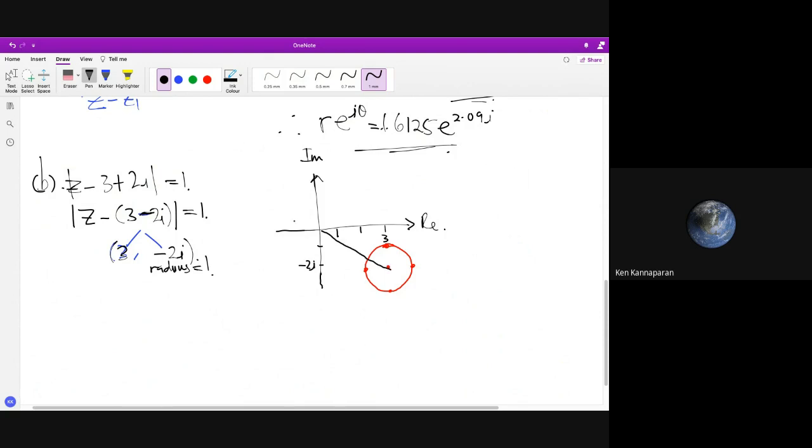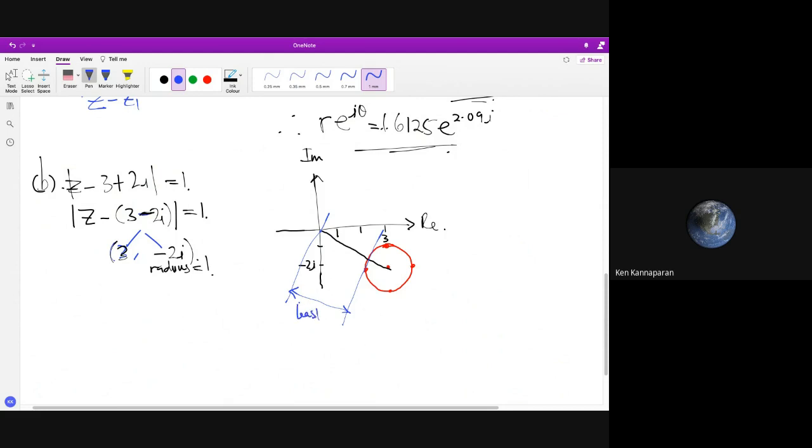So this is your least point that they are looking at. This is your least point, or the distance. This is what I want to know. What is the least value of the modulus here? So this is what you have to find.